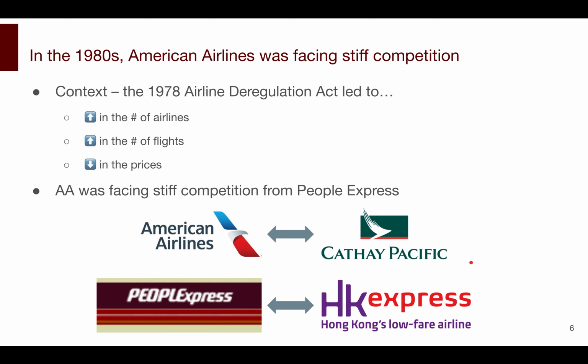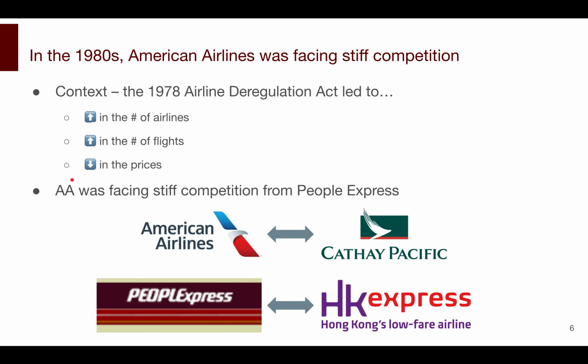In the 1980s, American Airlines was facing stiff competition. The context is the 1978 Airline Deregulation Act in the United States, which led to a huge increase in airline companies, a huge increase in the number of flights, and a huge decrease in the prices of flights.